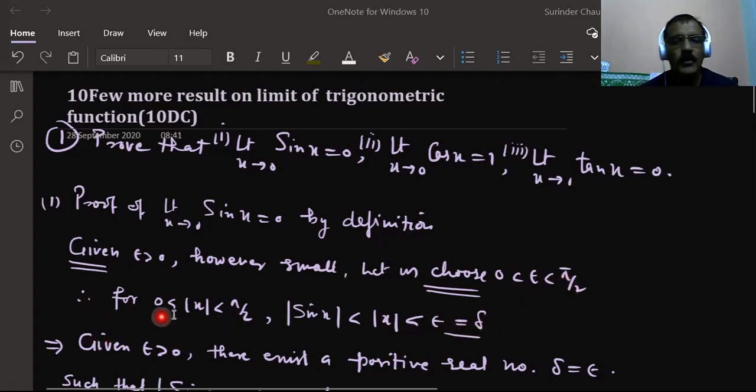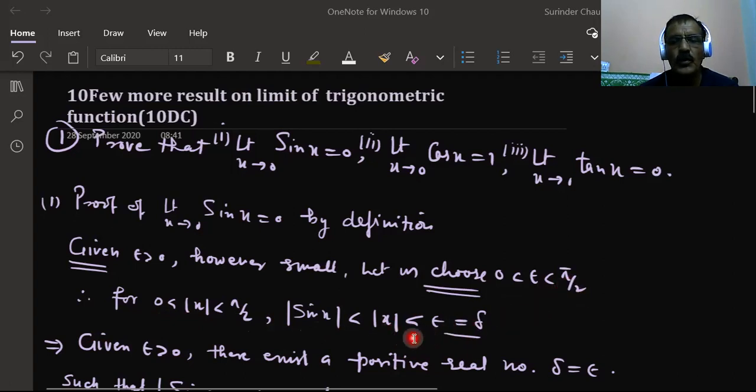We have derived this result: when 0 is less than modulus of x is less than pi by 2, we know that modulus of sin x is less than modulus of x. Now we have chosen epsilon to be less than pi by 2.